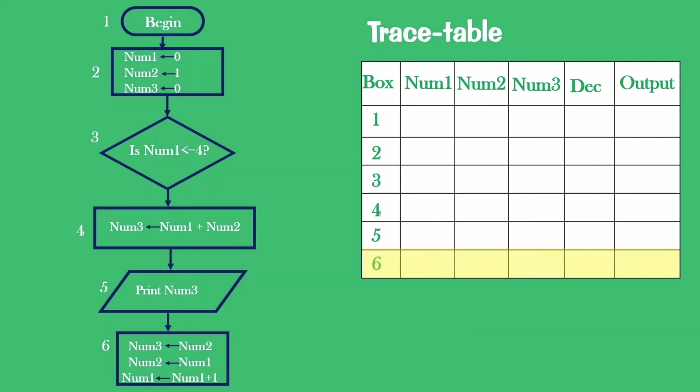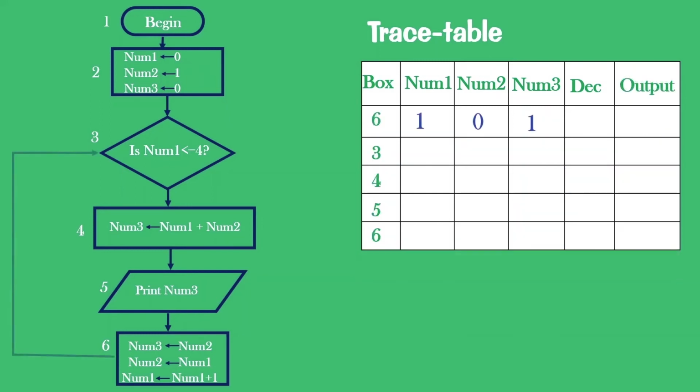Now, viewers, let's go back to step number 3 and test our condition. Is num1 lesser or equal to 4? The answer is true. In the decision box, we write true and move to step number 4.